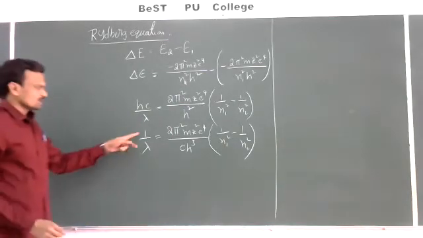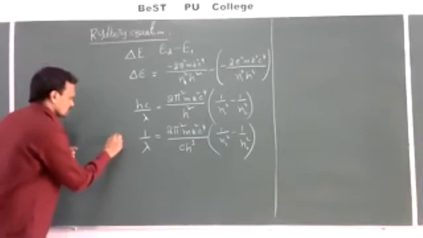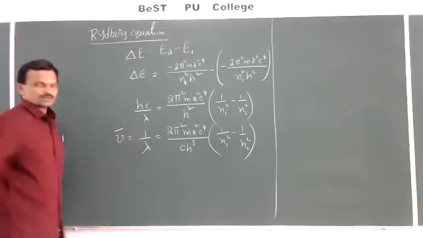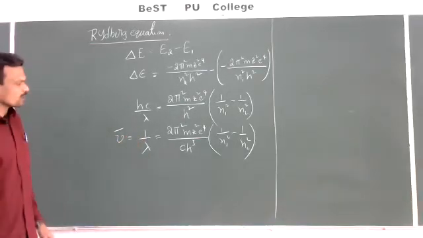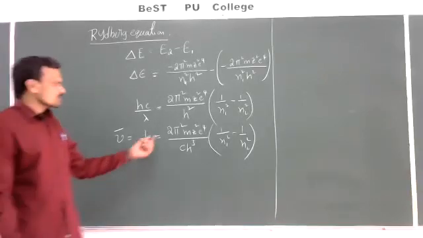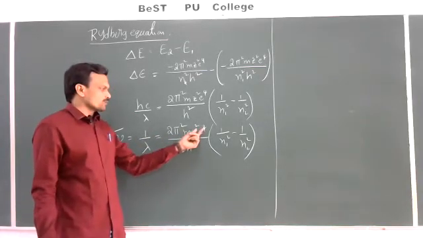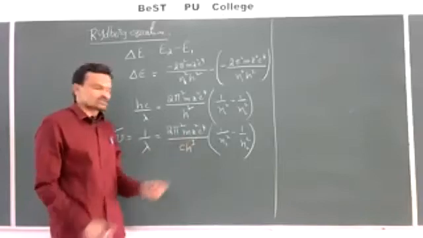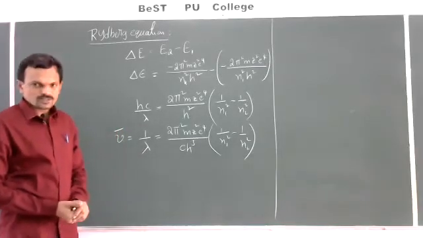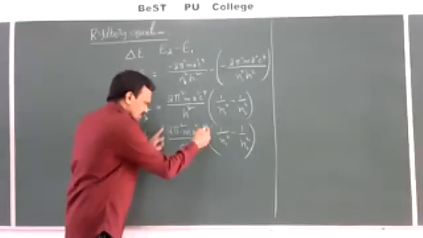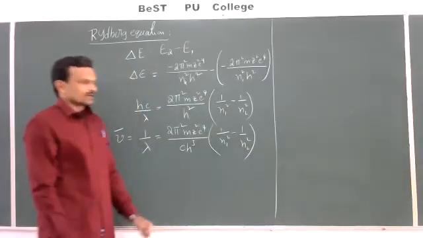As you know, 1 by lambda is nothing but nu bar. So nu bar, which is 1 by lambda, is equal to 2 pi square m Z square e power 4 by c h cube, and this part is known as the Rydberg constant.